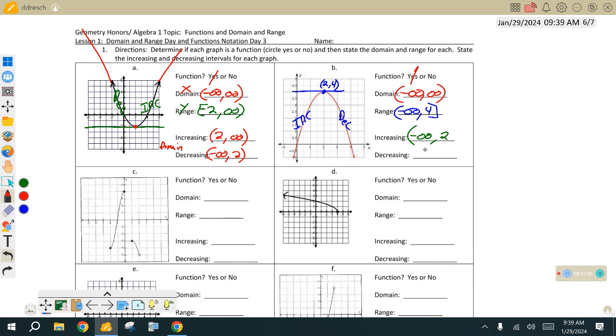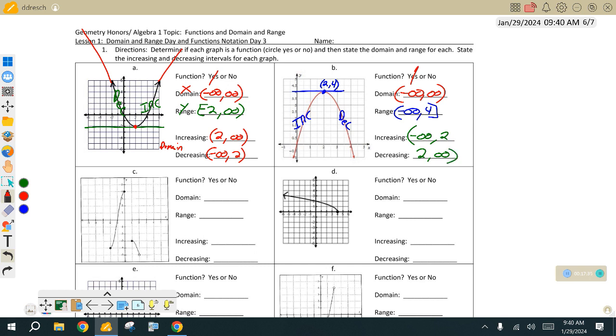And then from 2 on, where is it decreasing? 2 on to infinity. So our eyes keep decreasing as the x's go to positive infinity. So as you keep saying 4, 5, 6, 7, 8, 9, 10, 100, and 1 million, positive infinity, our eyes keep decreasing forever and ever and ever.